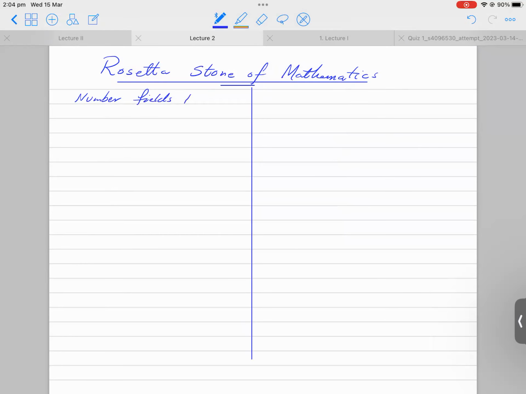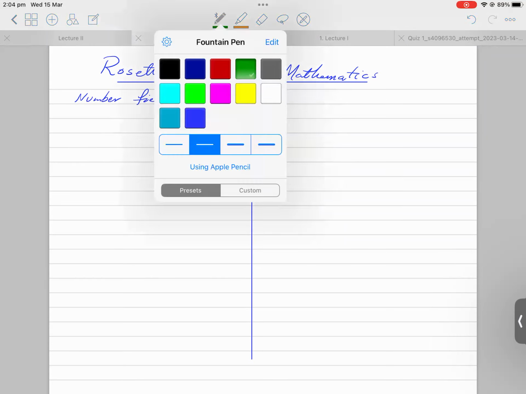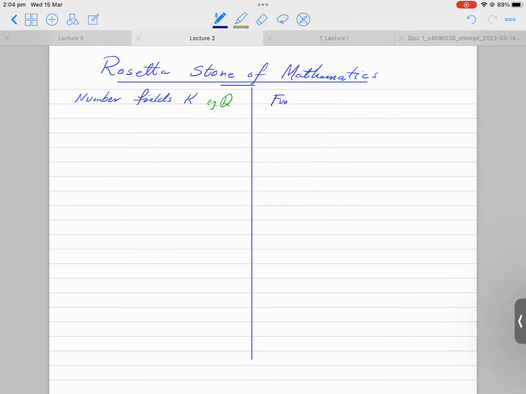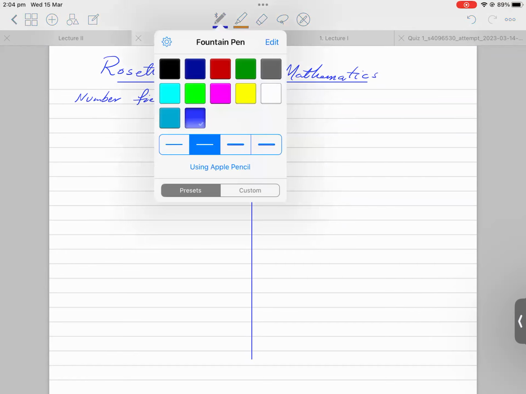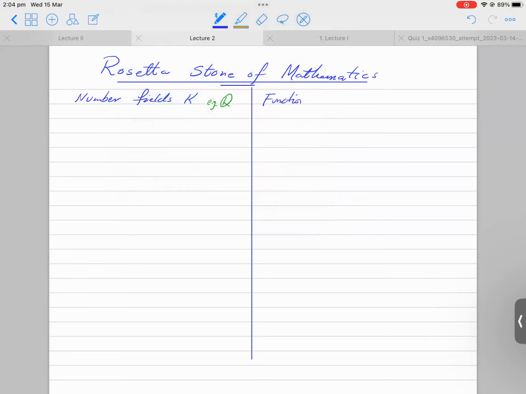So on one side, we have number fields, which are finite extensions of Q. As an example, you can think of Q itself. And on the other side, we have function fields, by which I mean a field of rational functions on a curve over a finite field. As an example, you can think of the rational functions F_q(t).